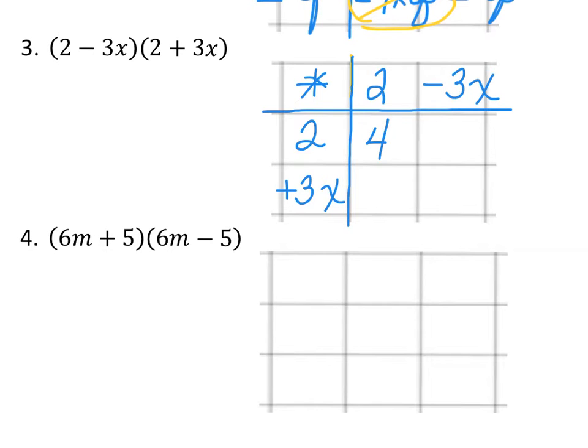Positive 3x times 2 will give us positive 6x. 2 times negative 3x will give us negative 6x. And 3x times negative 3x will give us negative 9x squared.